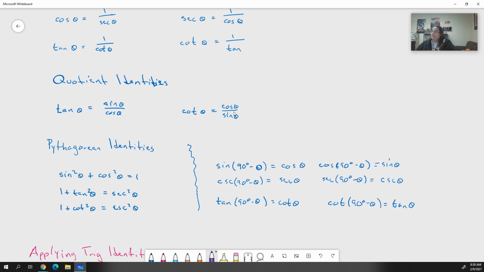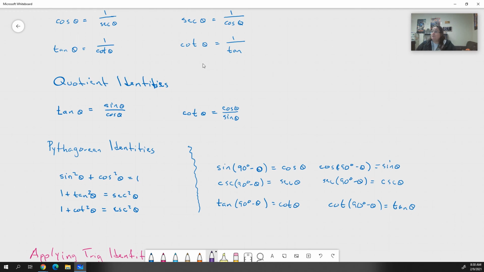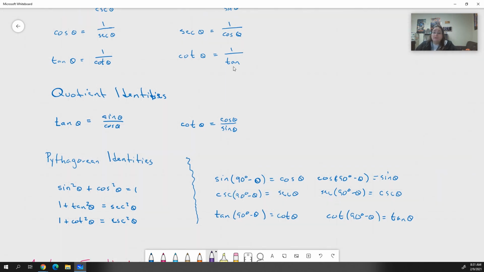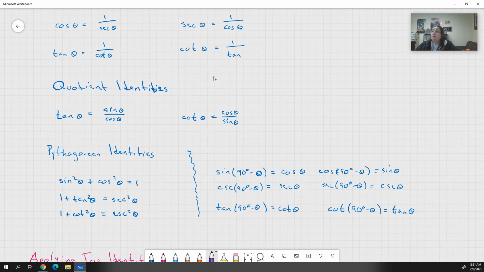Here I have a cotangent, but it doesn't have tangent. And here I have a tangent, but it doesn't have cotangent. But here I can see that tangent equals 1 over cotangent, where cotangent equals 1 over tangent. I can use either of those to figure it out.